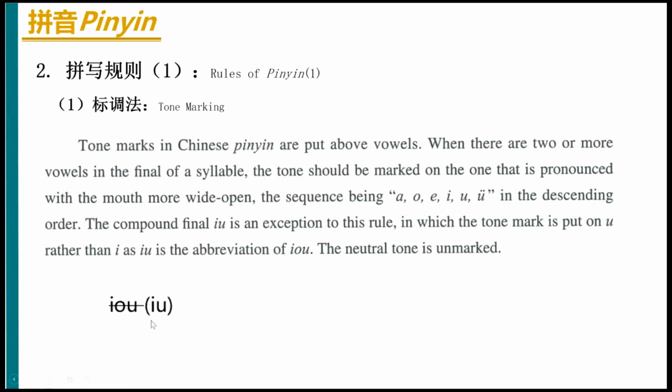But in this special change, we throw away this o, so o gives its tone to u. And when it forms the syllable, when it comes to the whole syllable, it looks like this. See, 秋, 球, 球. No matter which tone it is using, the tone is being marked on u instead of i.